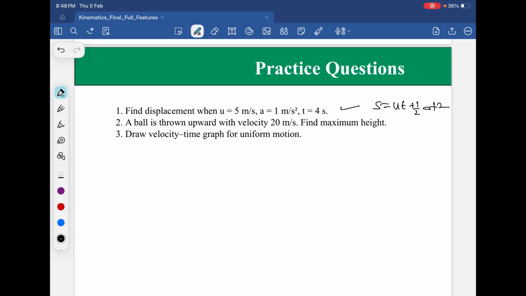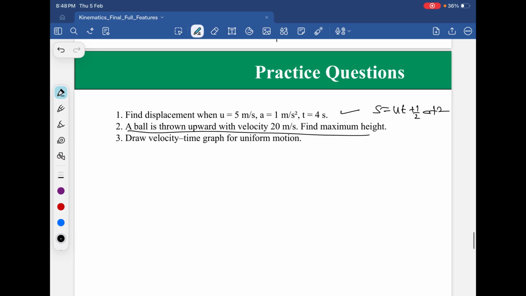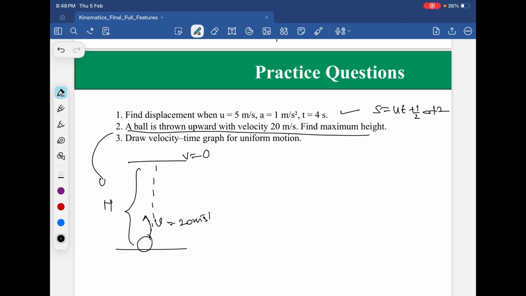A ball is thrown upward with velocity 20 meter per second. Find maximum height. See here, when a body is thrown vertically upwards, the maximum height means the height at which the velocity becomes 0. See students, as we know the sign convention, when you are throwing upward, acceleration is downwards. You can say a is equal to minus g. So use the third equation, v square minus u square is equal to 2as.